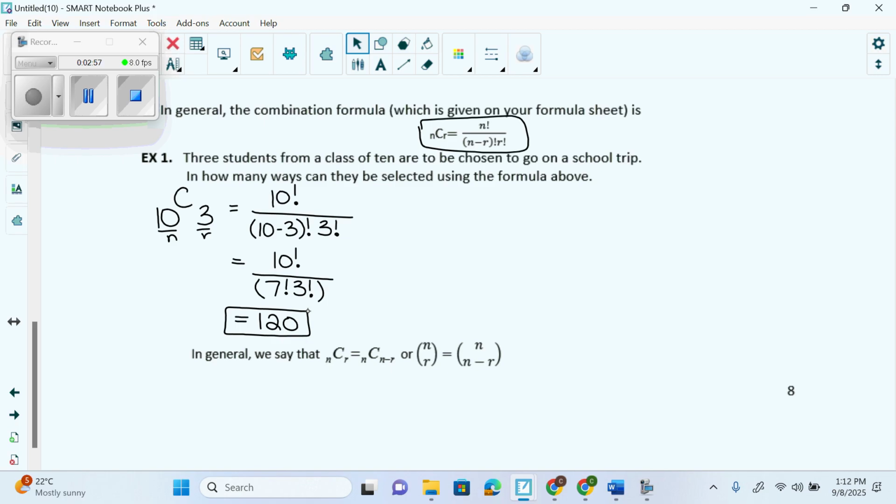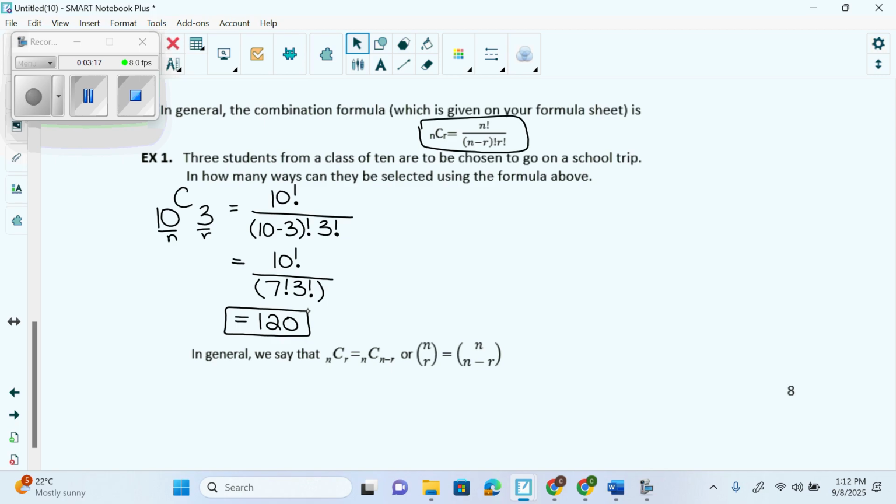Okay. Now do the same, but do it with a P. So go 10, nPr, 3. So now you're picking number 2 instead of number 3. Is it bigger? Yeah.